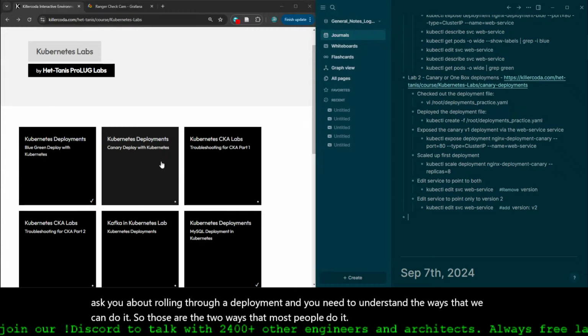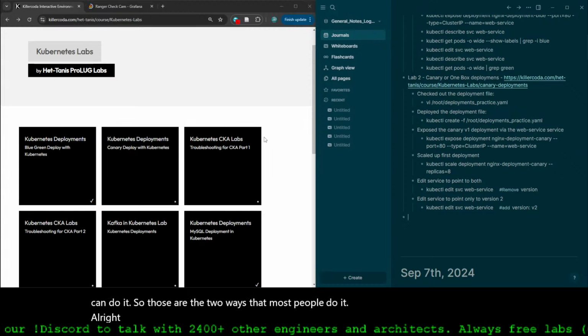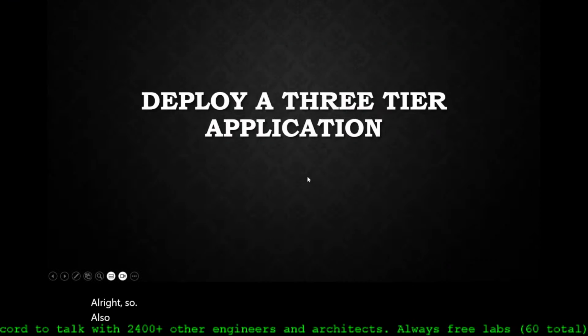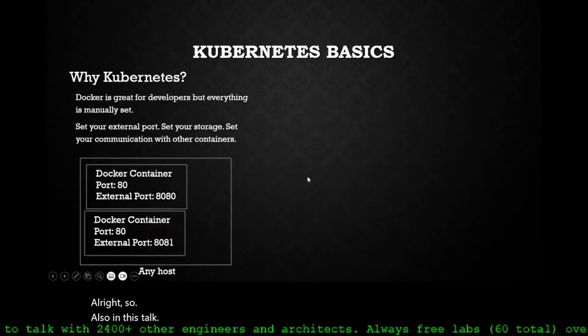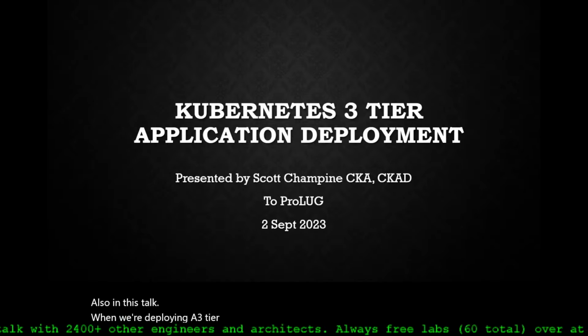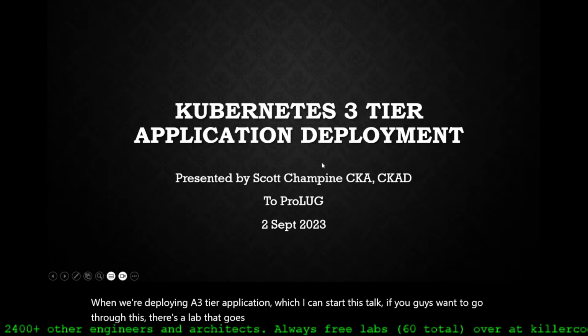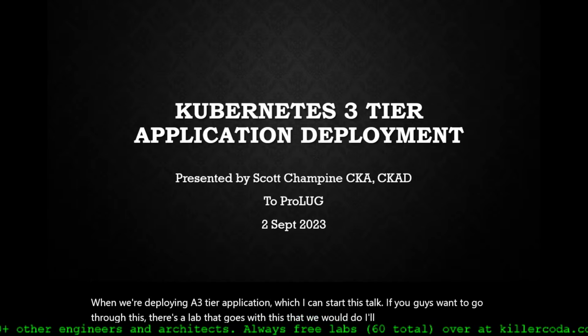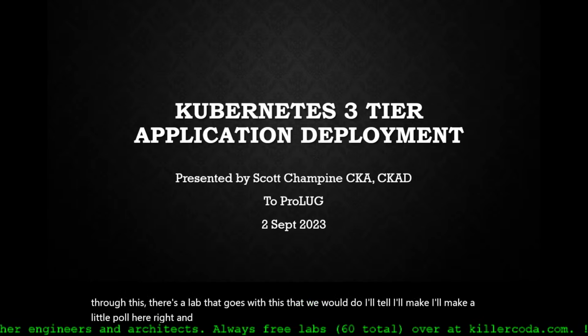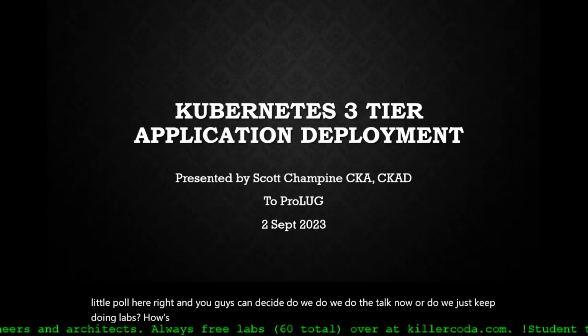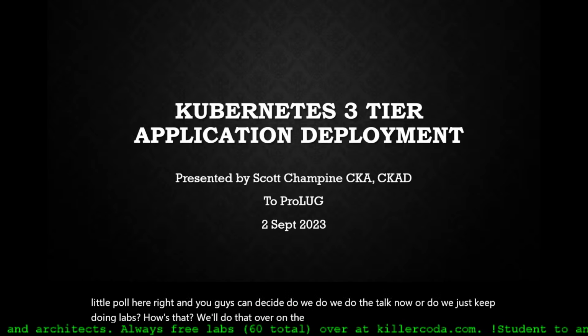All right. So, also, in this talk, when we're deploying a 3-tier application, which I can start if you guys want to go through this, there's a lab that goes with it that we would do. I'll make a little poll here, and you guys can decide: do we do the talk now, or do we just keep doing labs? We'll do that on the Twitch side.